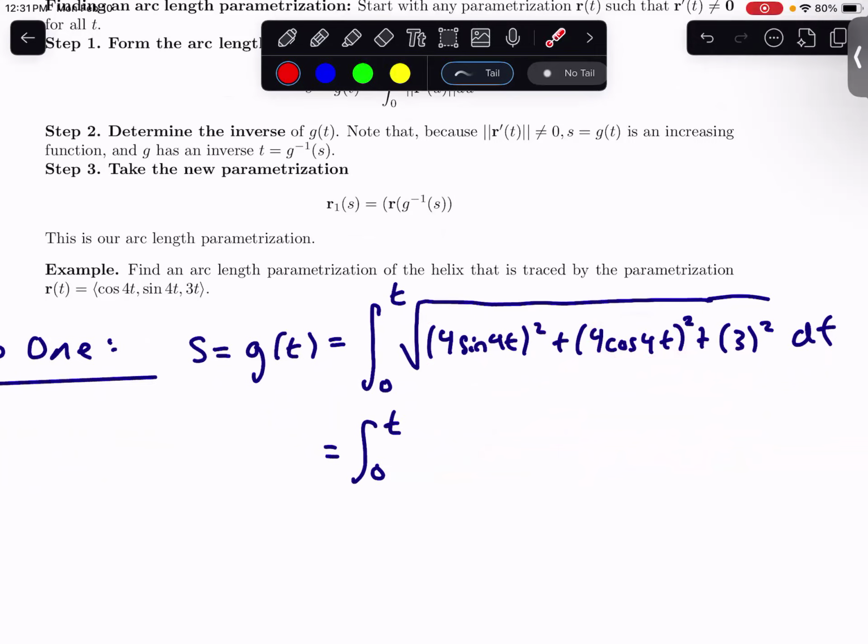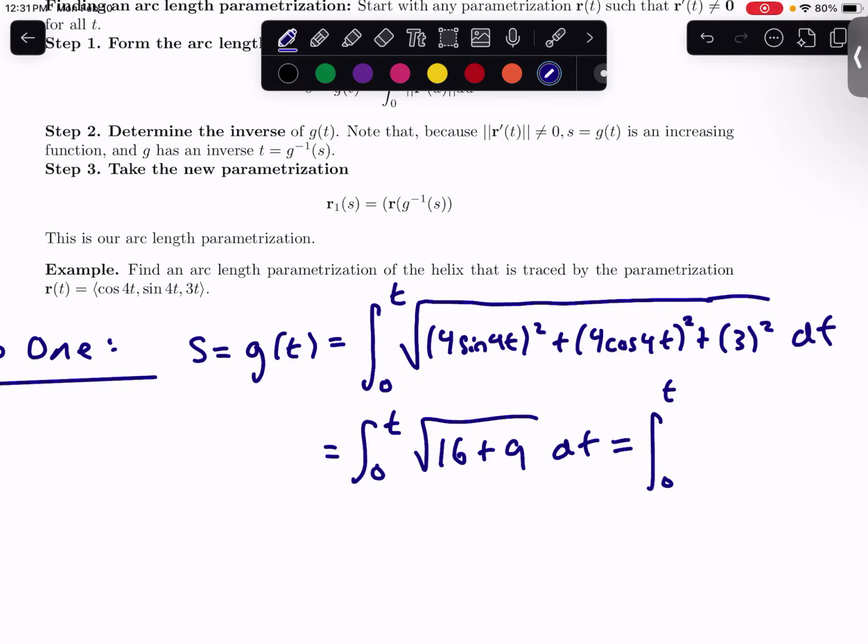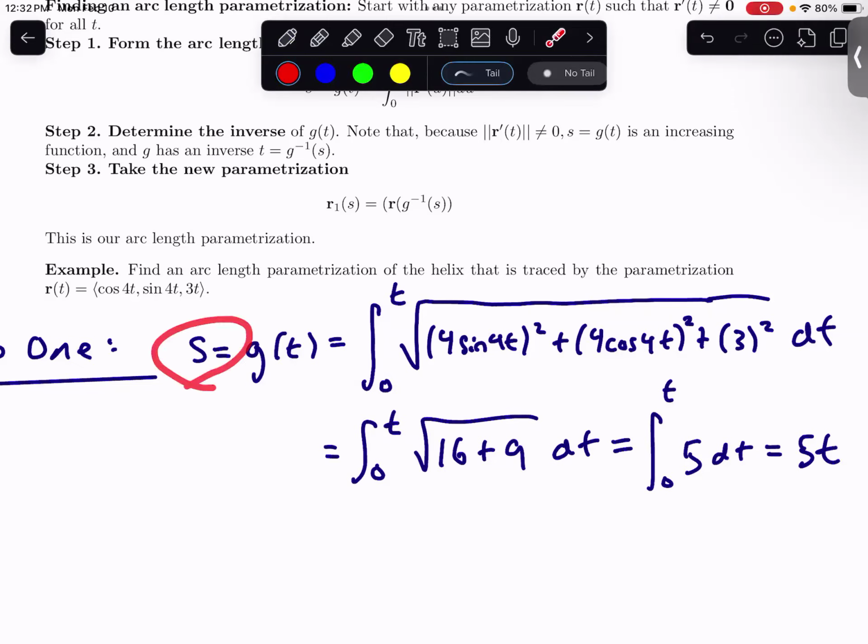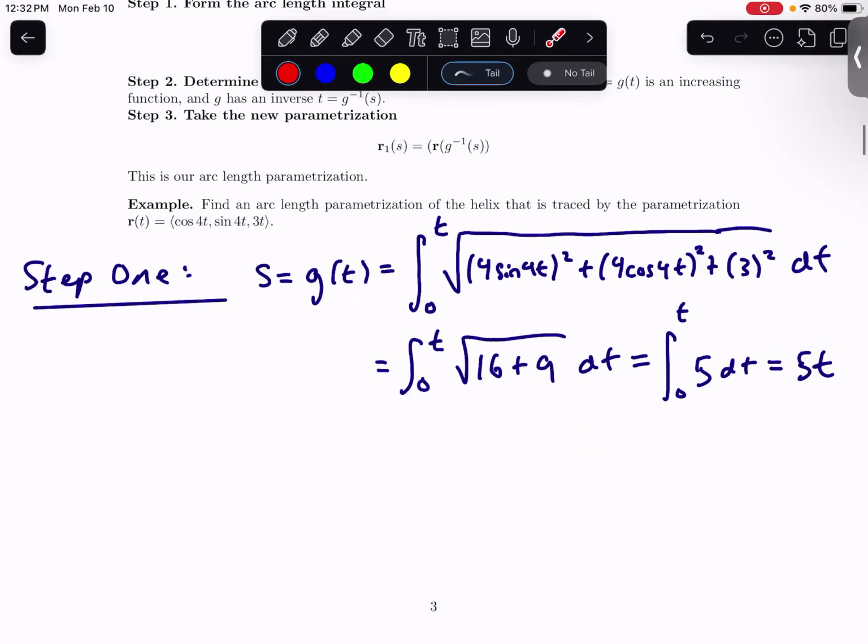So this is just going to be equal to the square root of 16 plus 9 dt, which is equal to the integral of 5. So the square root of 25 is equal to 5 dt. And so this ends up just being equal to 5t. Right, so this is the arc length formula for s. So you plug in these various values of t and it will spit out this arc length, which is just going to be t times 5. So that's the end of step 1.